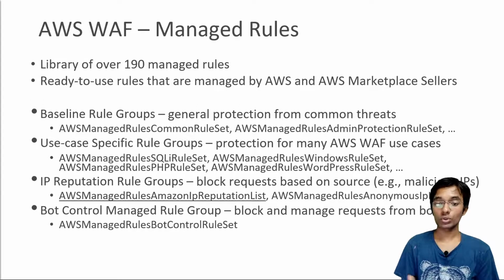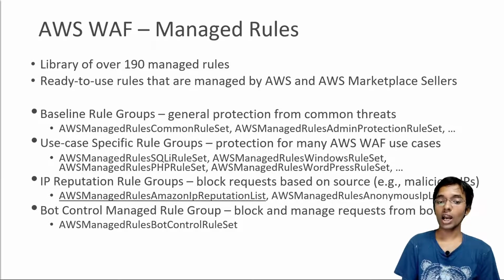Then you have use case specific rule groups, and they give you protection for many use cases such as the SQLi rule set. Then we have Windows rule sets. Then we have the PHP rule set. Then we have the AWS managed WordPress rule set.